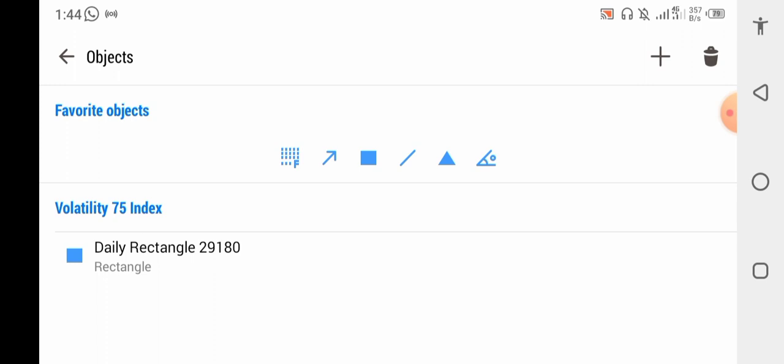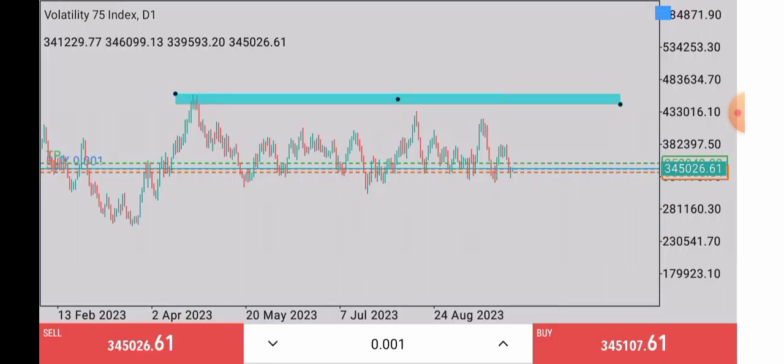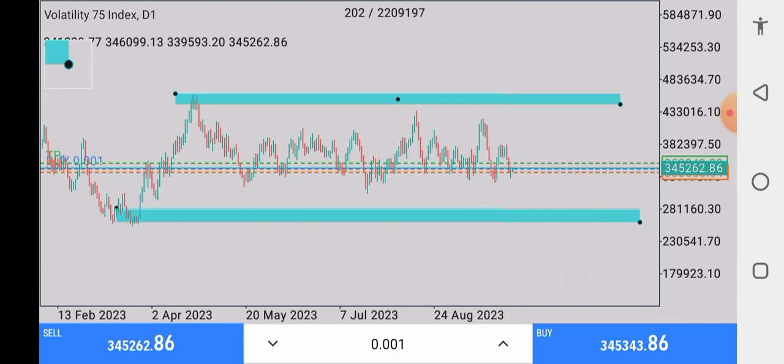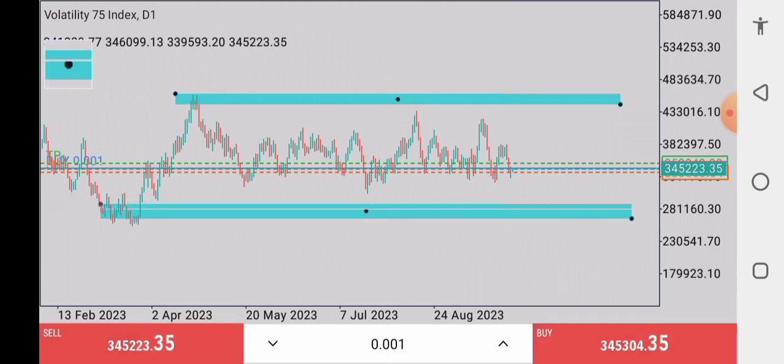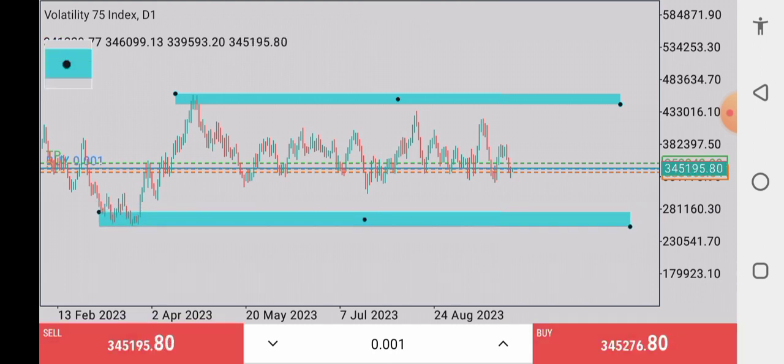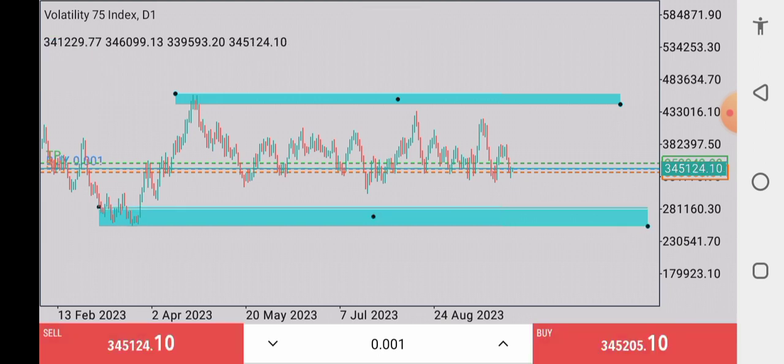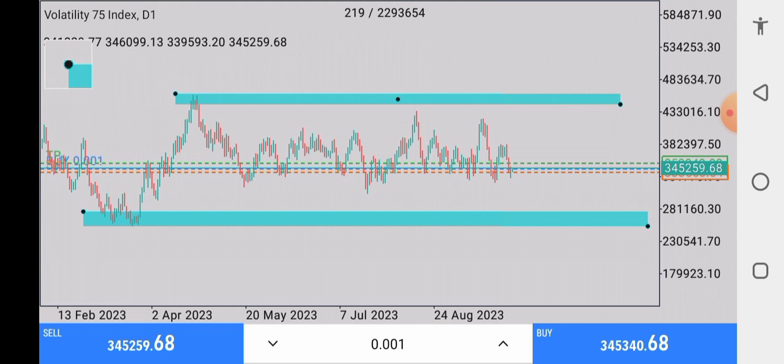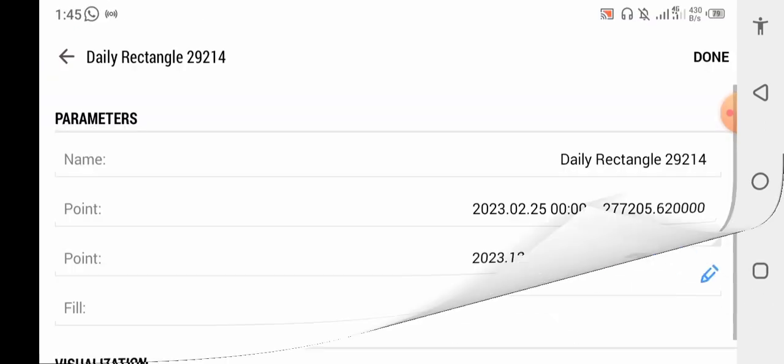I'll also draw another box, a rectangle, here to represent the most swing supports. So the supports, let me make it green.